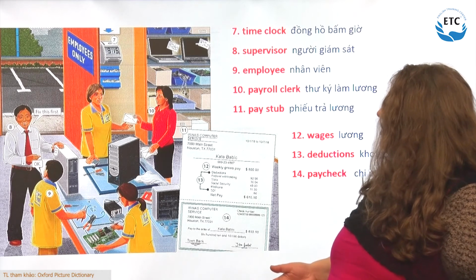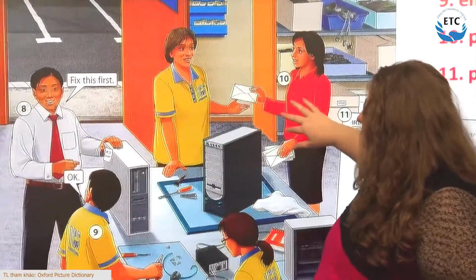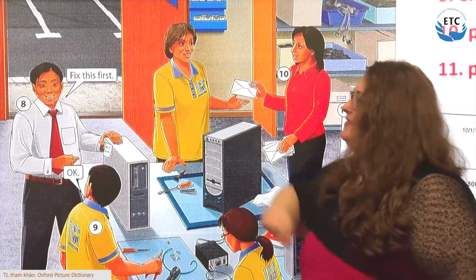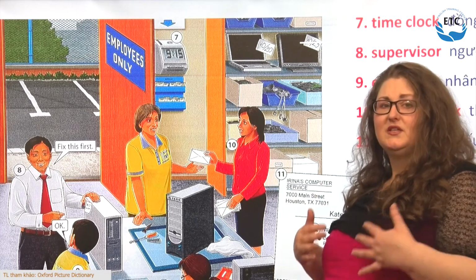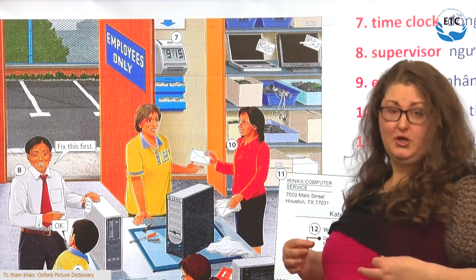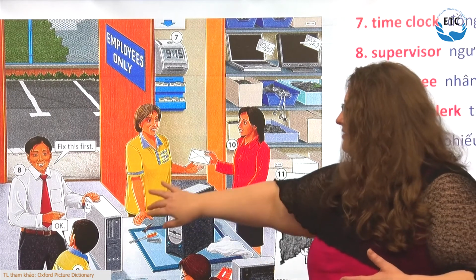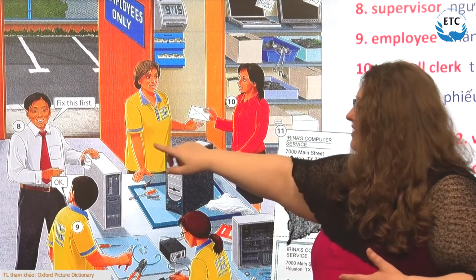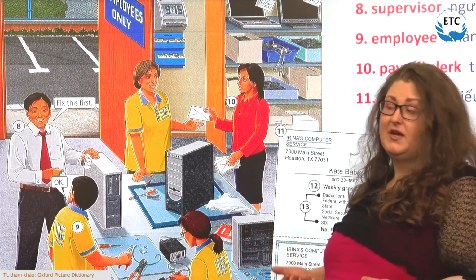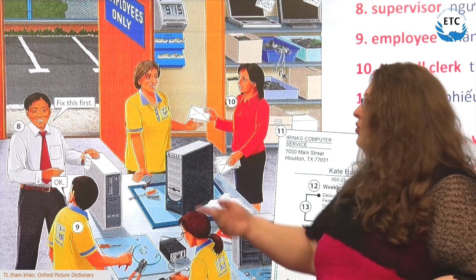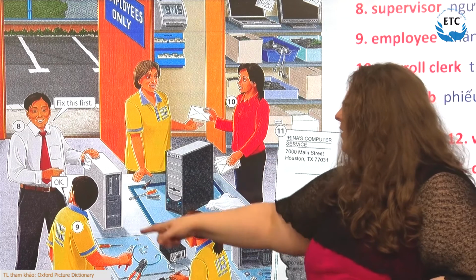Okay, so number 8, this guy right here. He says, fix this first. He's wearing a white work shirt and a red tie, and he's speaking to one of the employees. So that means he is a supervisor, because usually a supervisor would wear a shirt like this, and the employees are wearing the uniform.